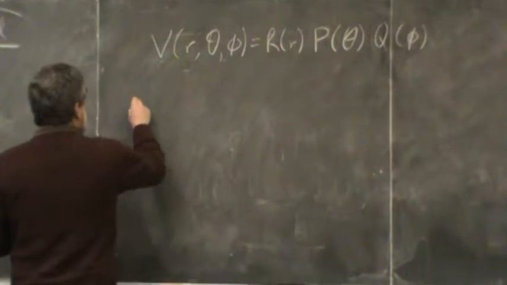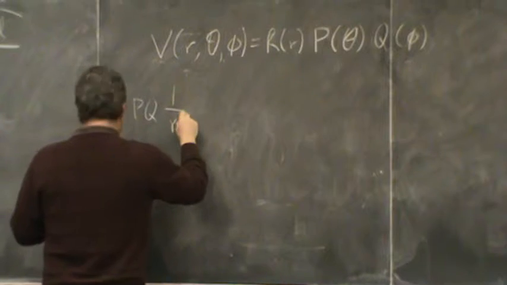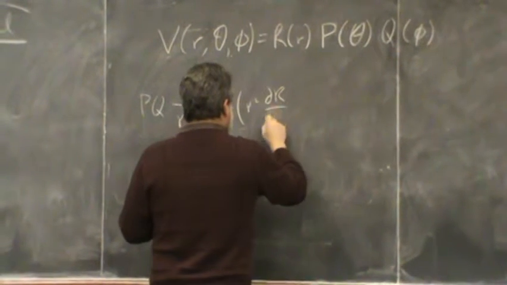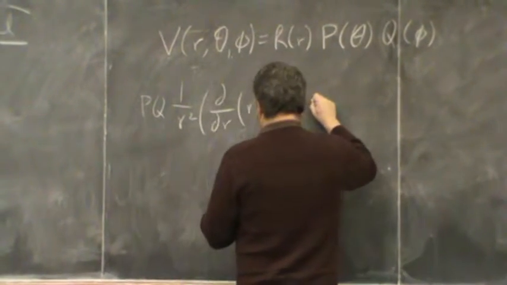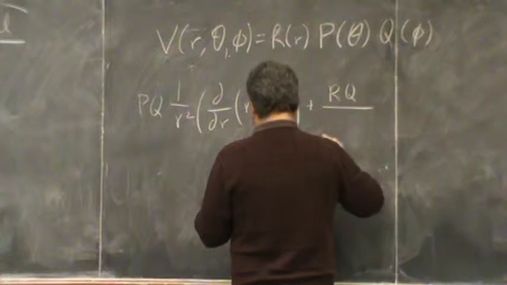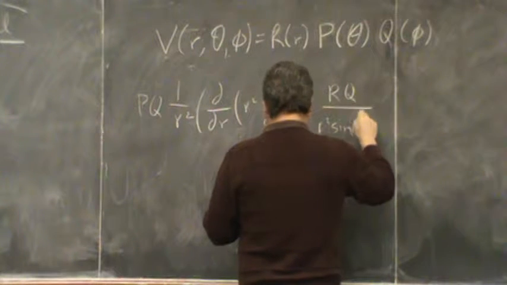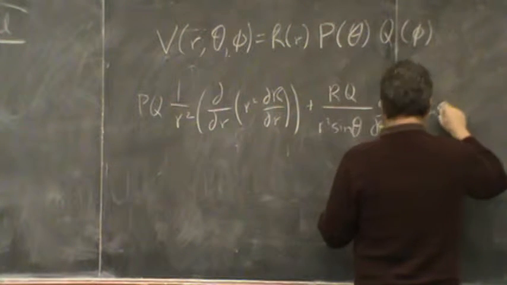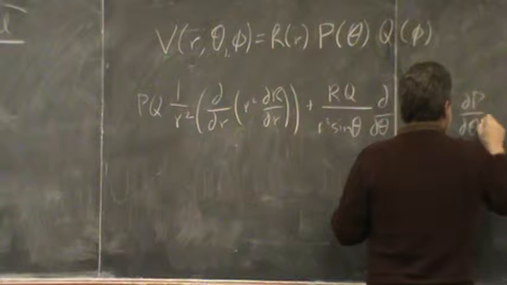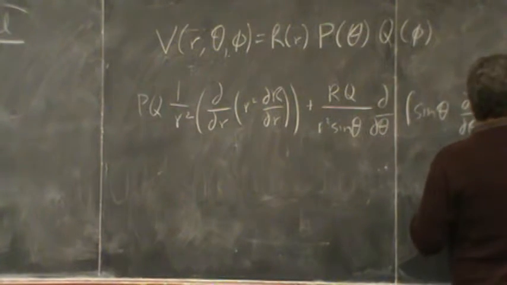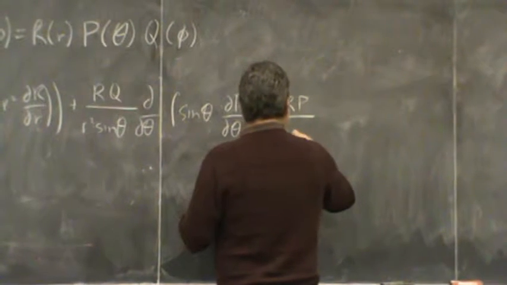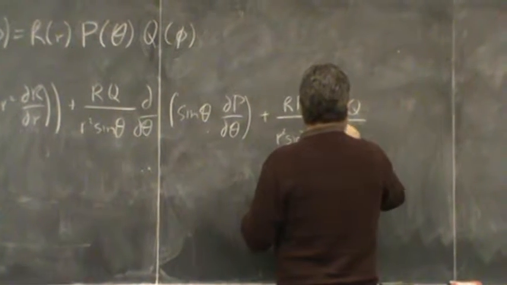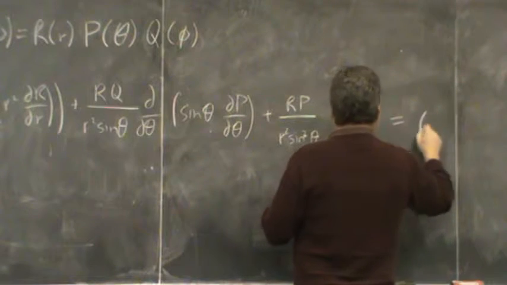It looks like P Q, 1 over r squared, d by dr, r squared dR/dr, which you've seen several times in quantum, plus R Q over r squared sine theta, d by d theta, sine theta dP/d theta, plus R P over r squared sine squared theta, d squared Q by d phi squared, equals 0.